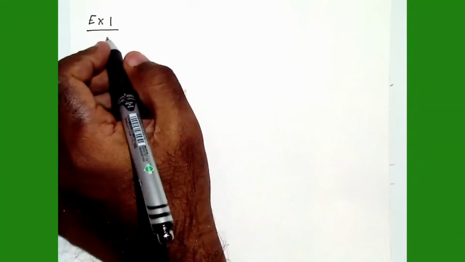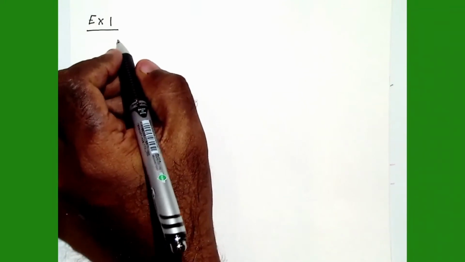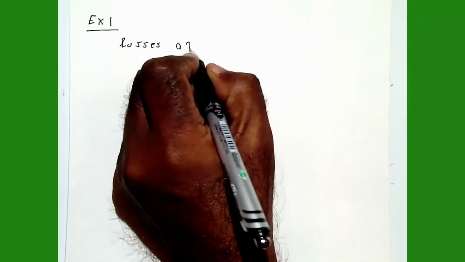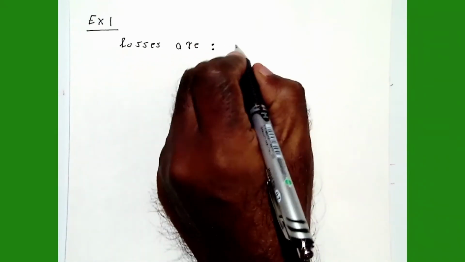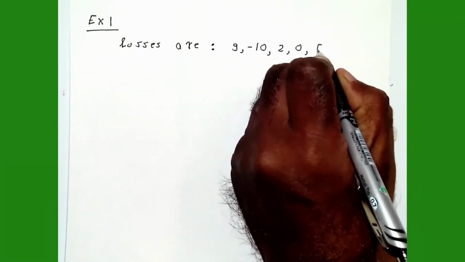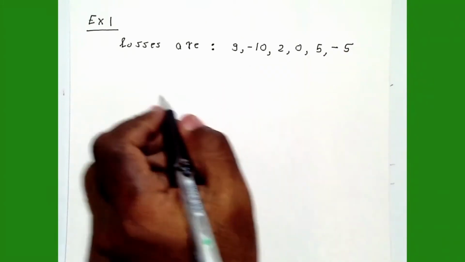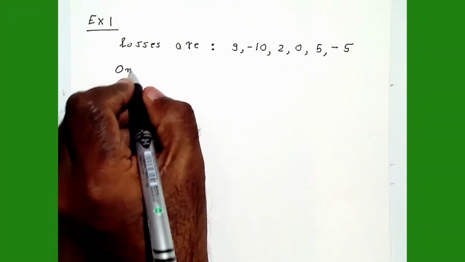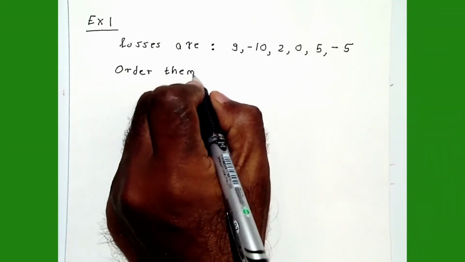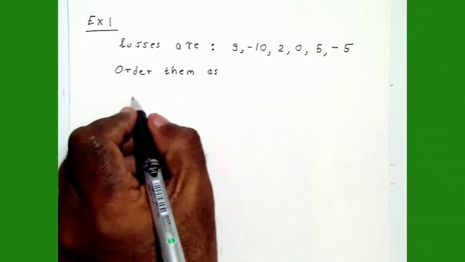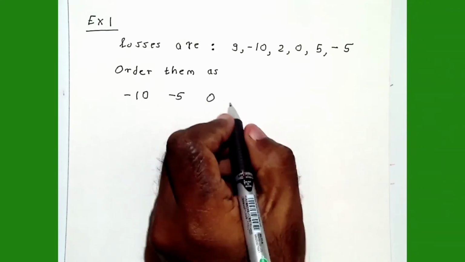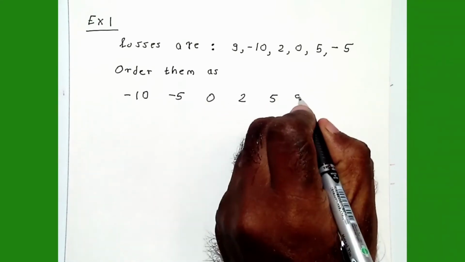Suppose the losses are as follows: 9, minus 10, 2, 0, 5, minus 5. The first thing you need to do is to order them. So the smallest is minus 10. This is the next smallest, minus 5, 0, 2, 5, 9.